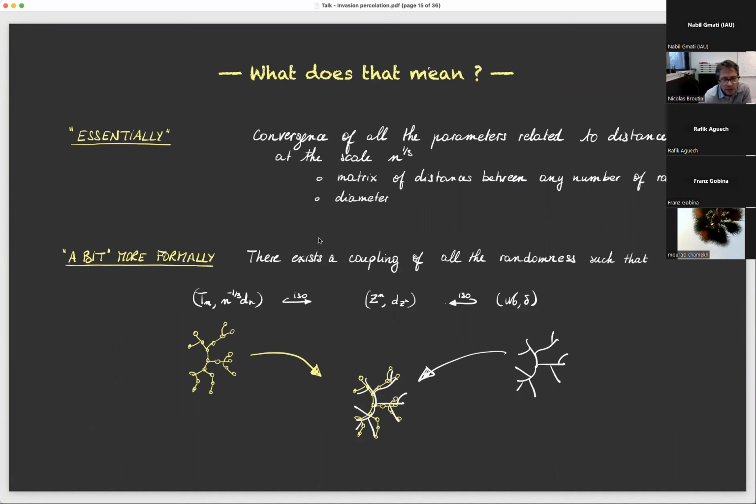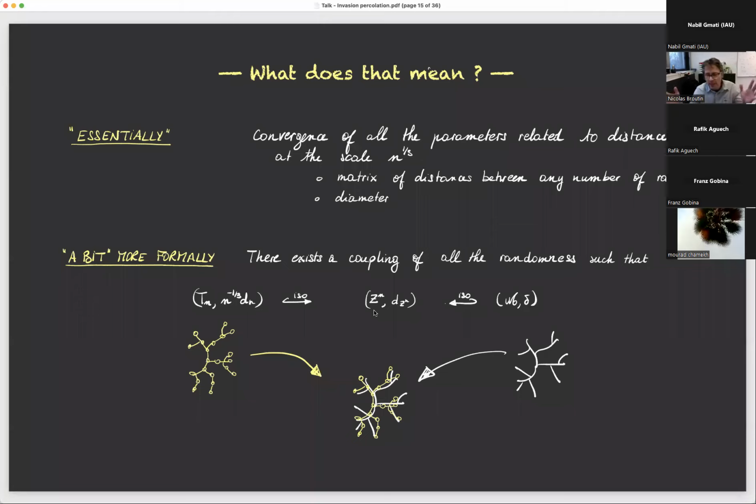And maybe more intuitively, there exists a way to couple the randomness for all the values of n and the limit in such a way that for n large enough, you can take the limit and the tree for large n, and embed the two isometrically in a space in such a way that the two copies are close for the Hausdorff distance in this new space.